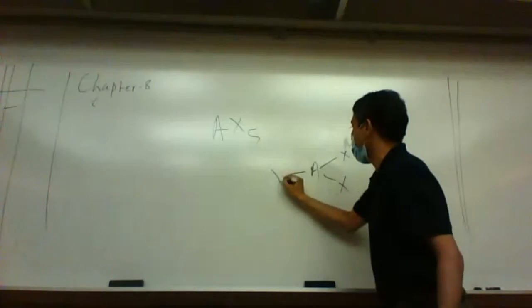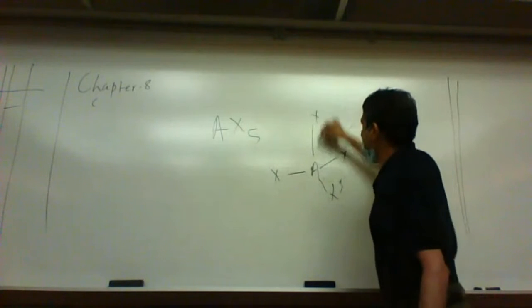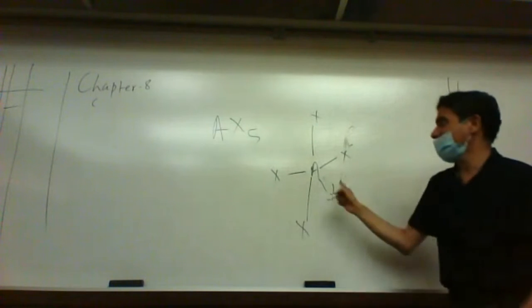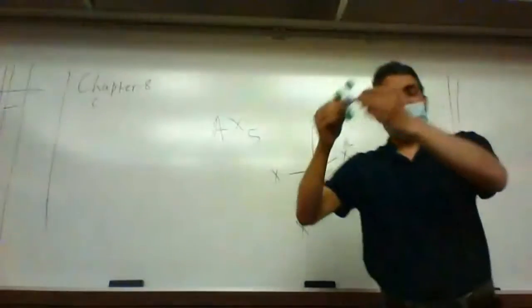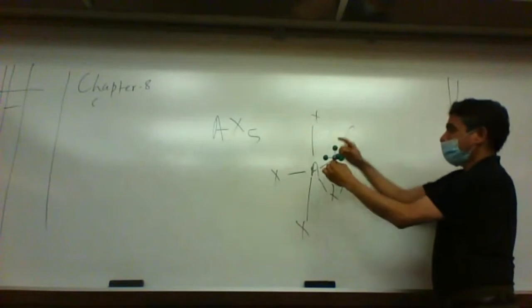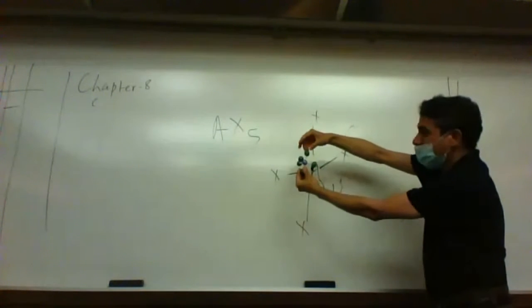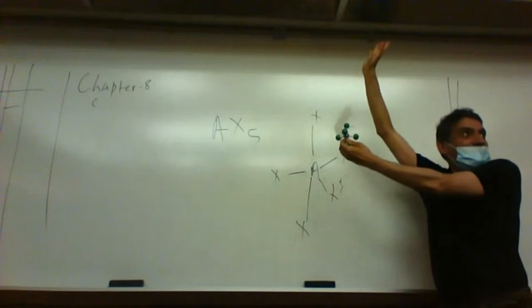I will show you what it means. Three in one plane, and one is going up like this, another is going down like this. So AX5 looks like this. You see this one up top here, it's going up, right? Going toward the ceiling. Make sense?